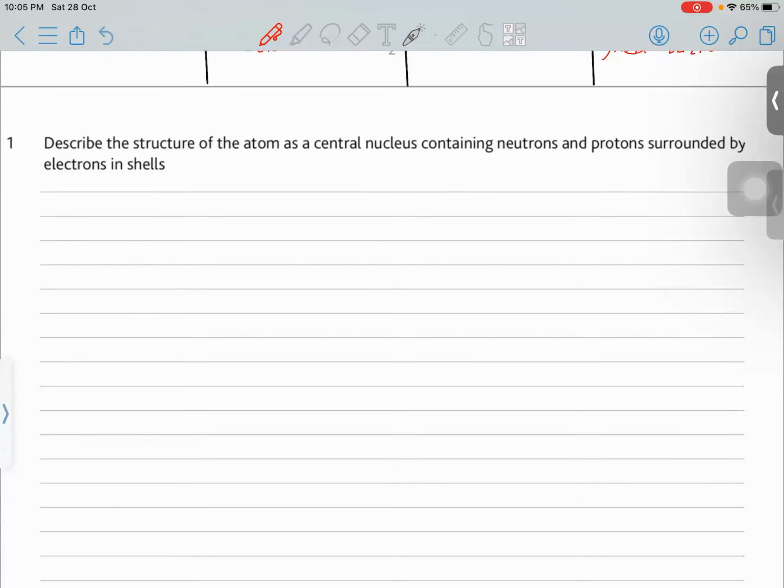And what is the structure of atom? Sir, in the atom, there's a center. In the center, there's a nucleus, and then there are shells or energy levels around it.